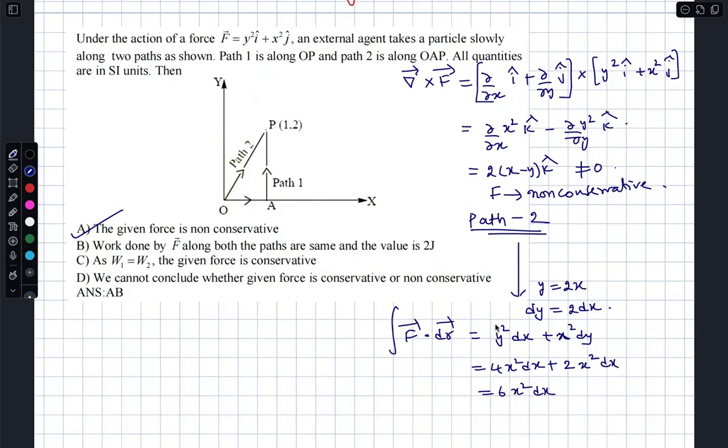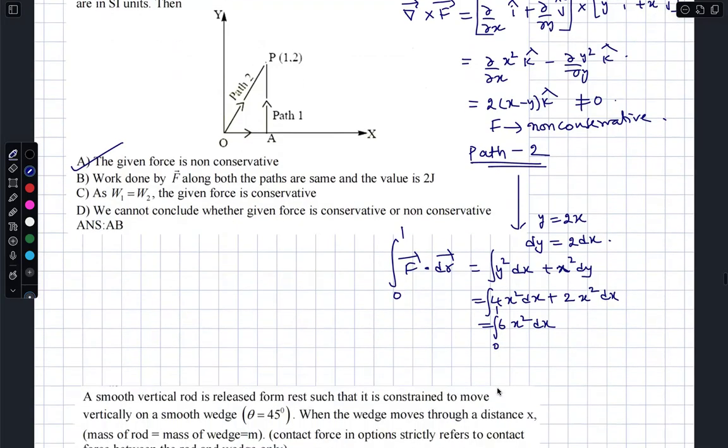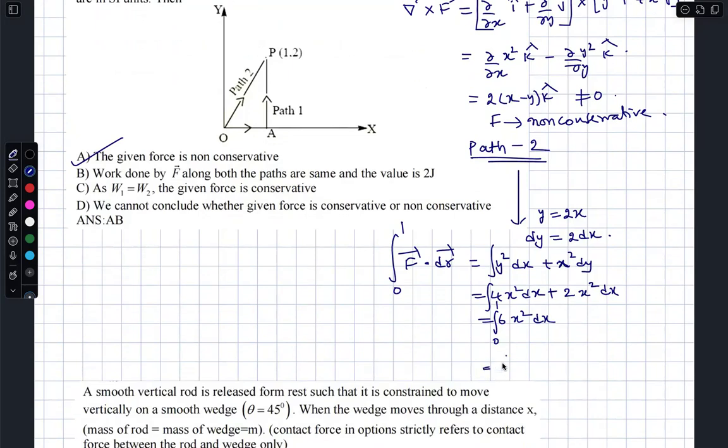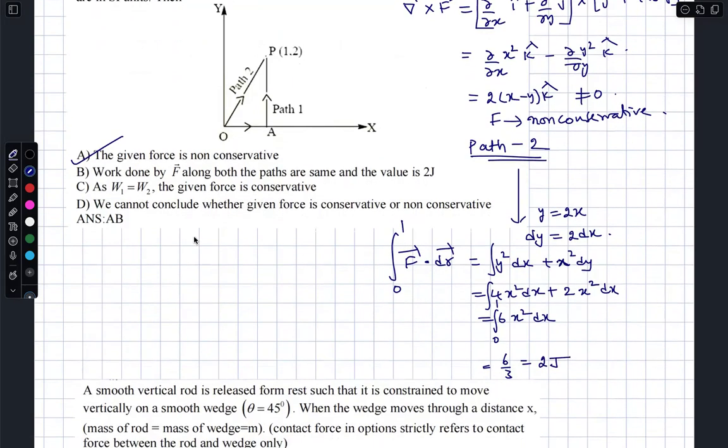Now do the integration part. What are the limits? X is 0 to 1. This will become 6 by 3, 2 joule. That is path 2.